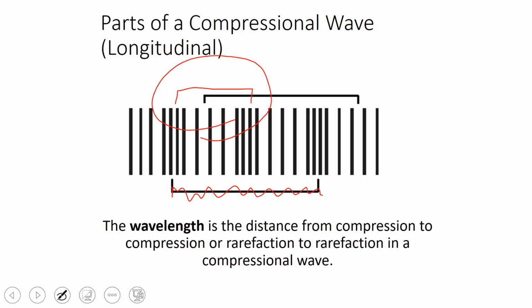This is incorrect as well. You could go from here to here, one rarefaction to another rarefaction. This diagram has the wavelength illustrated longer than it actually is. So it's the distance from one area where particles are crowding to another area where particles are crowding, or from one rarefaction where particles are spreading out to another location where particles are spreading out.